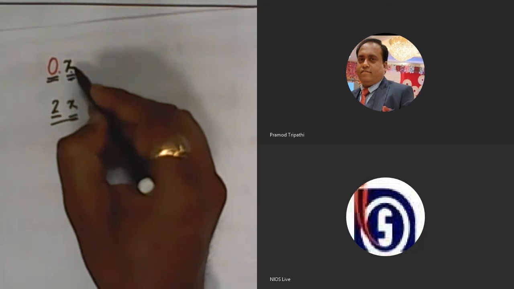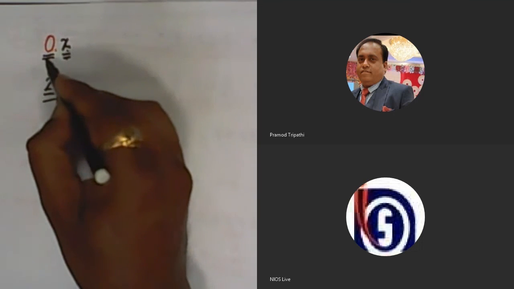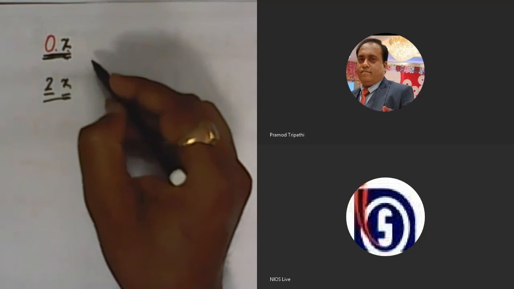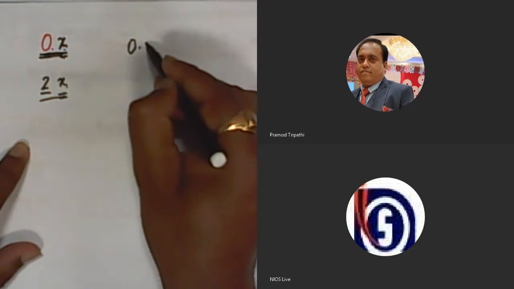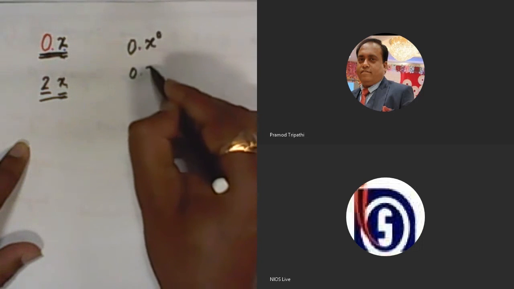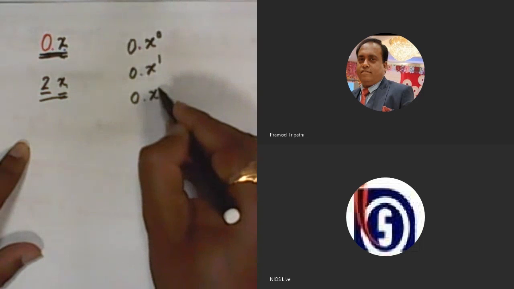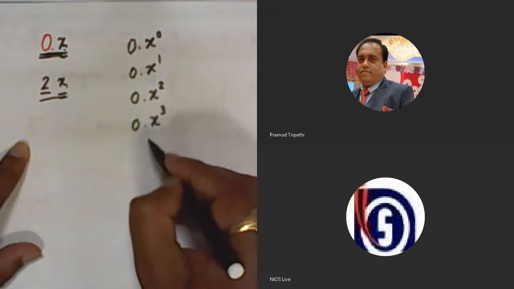Now in this case, we have to find how we can define the degree of the zero polynomial. Now you see here, the 0 can be written as 0 into x raised to the power 0. 0 can be written as 0 into x raised to the power 1. 0 can be written as 0 into x raised to the power 2, and so on.